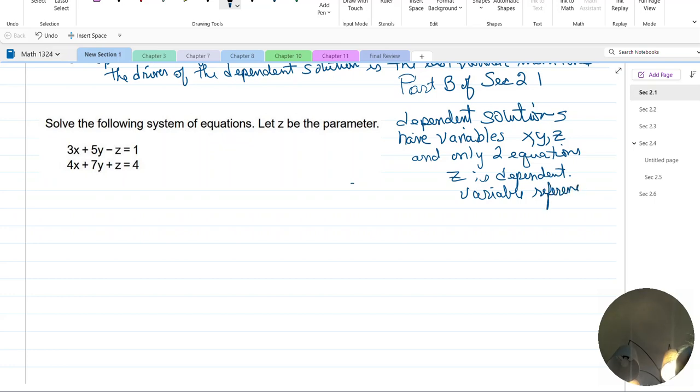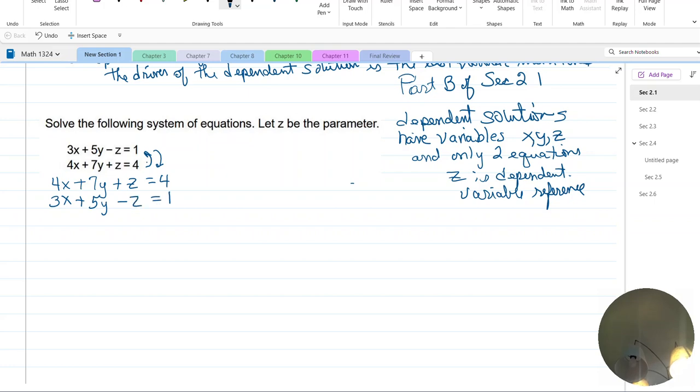Right. So now that we have that, let's look at what we do using our echelon method. The first thing I want to do is a transformation, and I want to interchange the structure. So I'm going to have 4x plus 7y plus z equals 4, and 3x plus 5y minus z equals 1.